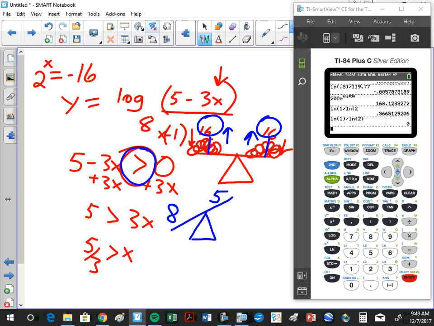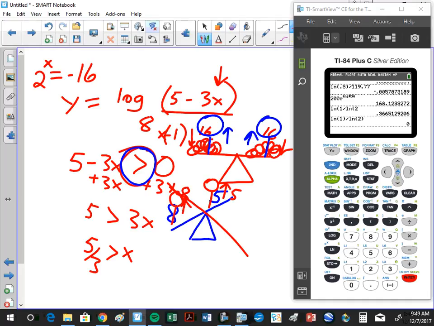Well, if I turn this into a balloon and I pull up at 8, and this is a balloon and I pull up at 5, what's going to happen to my balance? It's going to flip the other way, which is why we need to switch the inequality every time we multiply or divide by a negative. Does that make sense? Yeah?